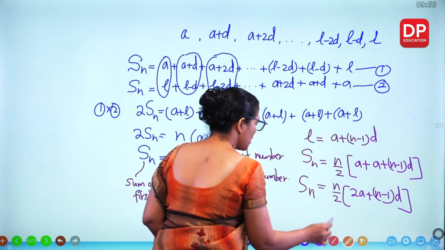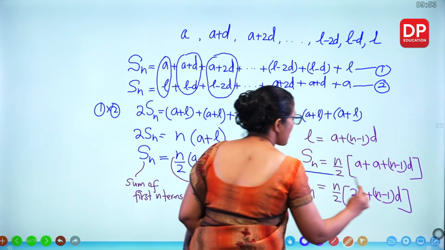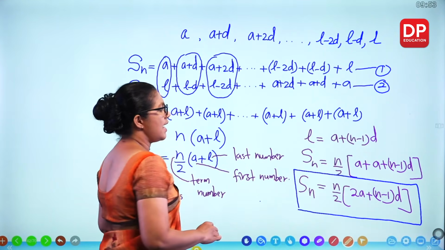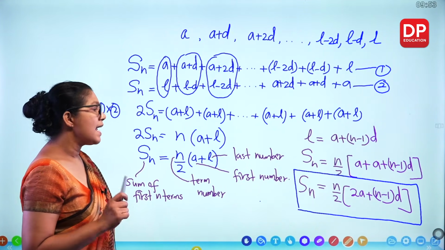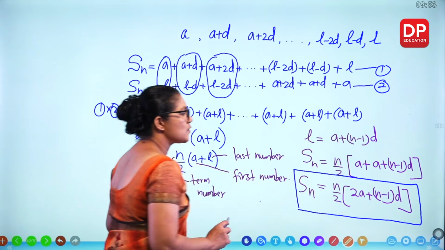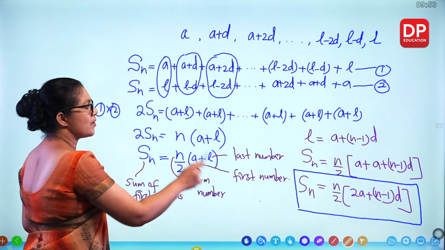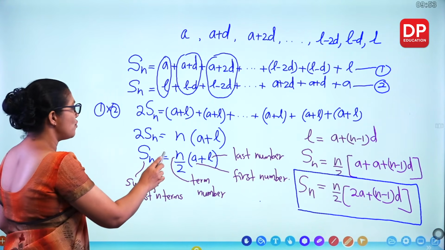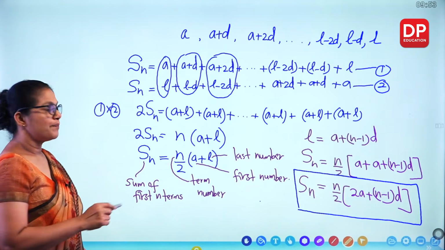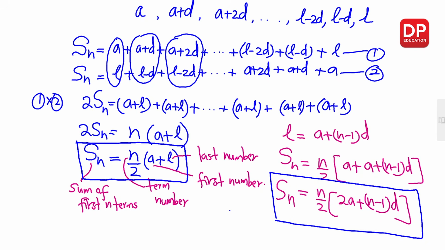So I get this formula also to find the sum of the first n terms in terms of A and D: n over 2 times (2A plus (n minus 1)D). If you know the first term and the difference, you can use that formula. If you know the first term and the last term, you can use this formula. Now we'll see how we can find the sum of the first n terms.